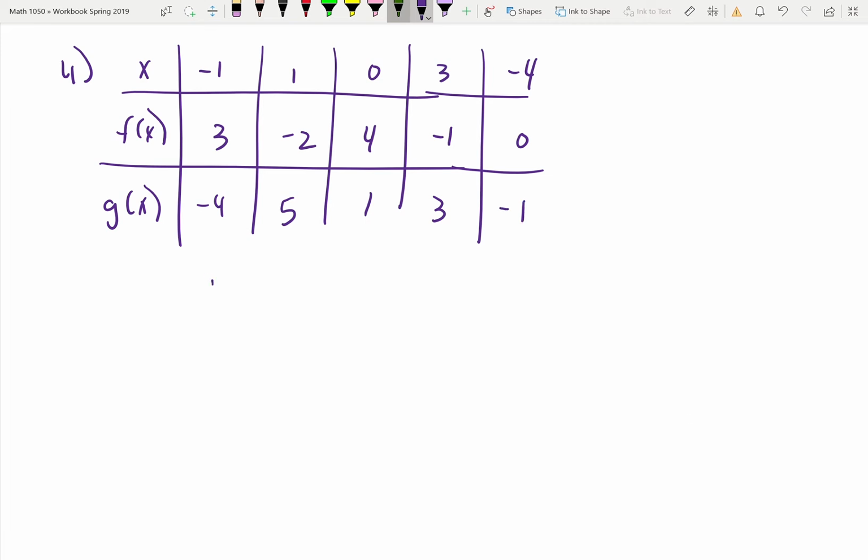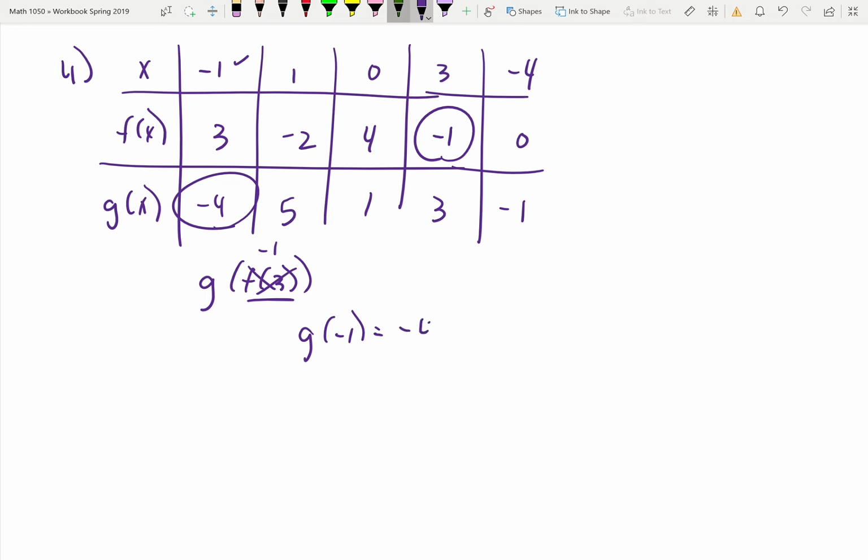And they're going to ask you, find g of f of 3. So the first thing you need to do is find f of 3. So if x is a 3, f of x is a negative 1. So f of 3 is a negative 1. So now I find g of negative 1. Go to your x value of negative 1. What's your g of x? Negative 4. That's your answer.